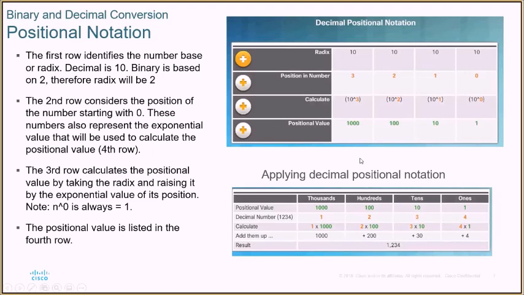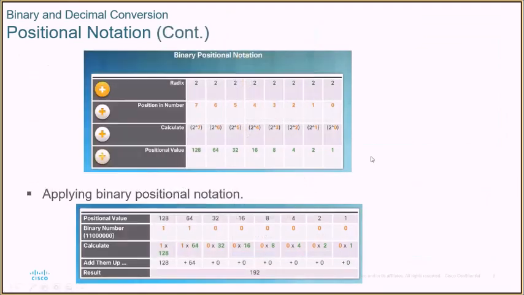I know, it's fairly trivial. With binary, the base number is now 2 because there are 2 possible values as opposed to decimal where there were 10. Again, the position number is the same. We start at 0, it's just that we're showing you more columns this time.